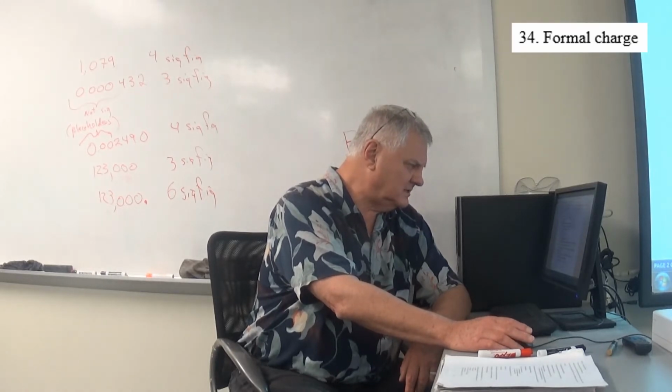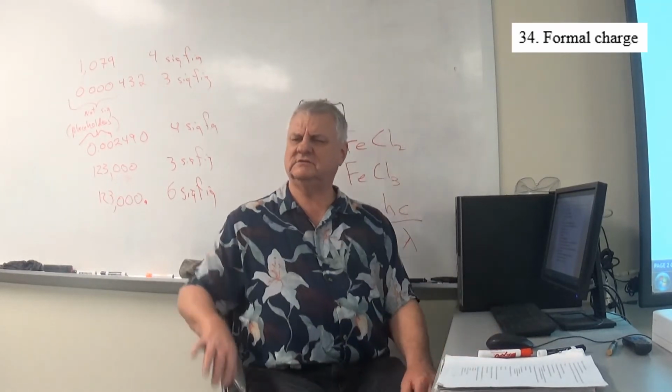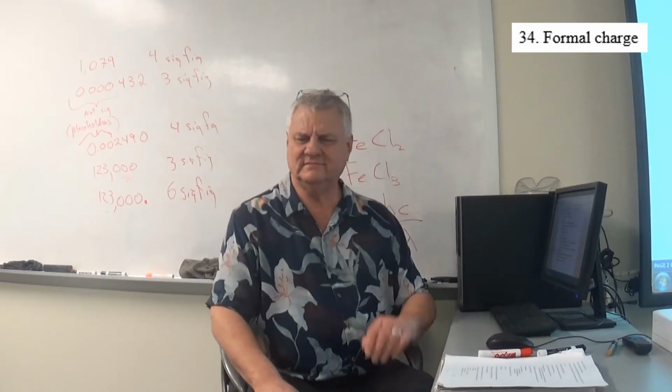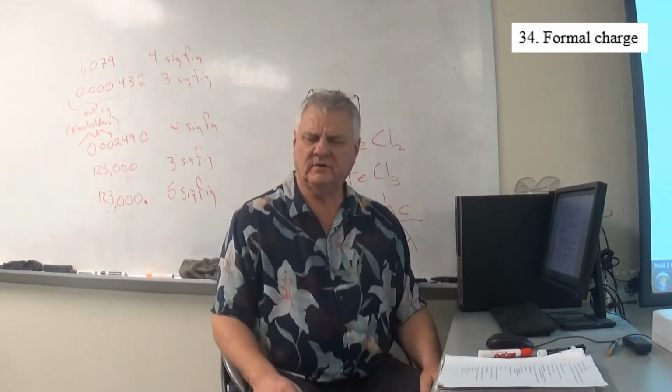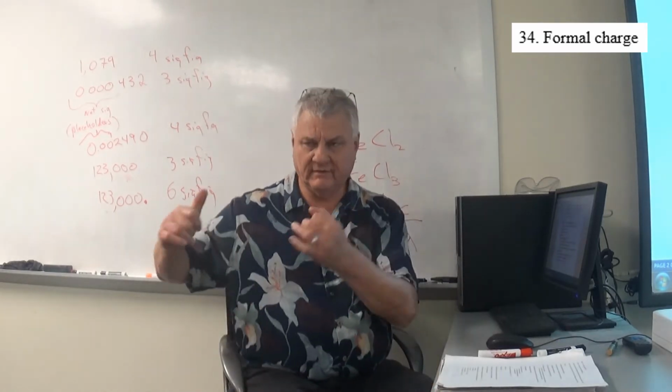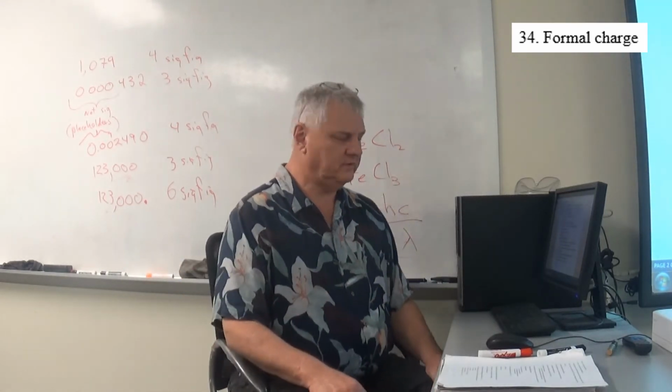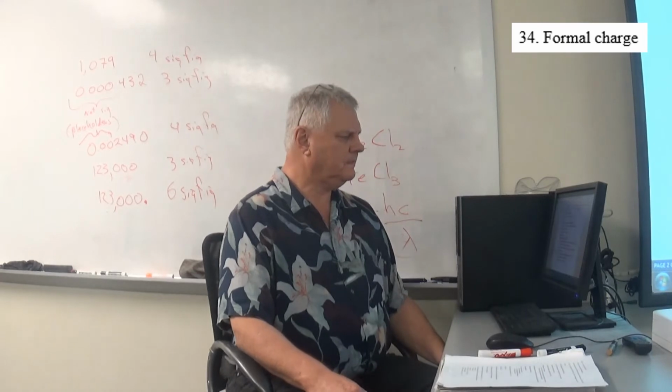Formal charge, again, a formal charge is entirely different than oxidation number. And you'll have the rules for oxidation number on the test for you. And you'll have the equation for determining formal charge also.